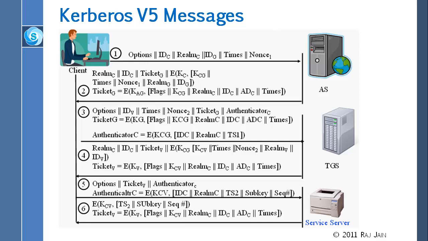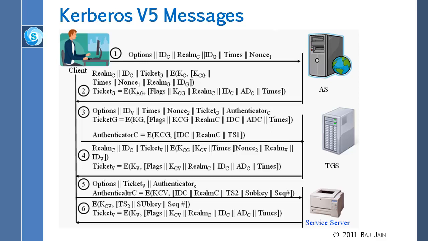This is my ID, this is my realm, and this is the ticket granting server that I want, and so on. The AS will repeat whatever you have said, and then send you a new key for the ticket granting server. And obviously the whole thing is encrypted, so nobody else can read it, even though they can read the clear part here.